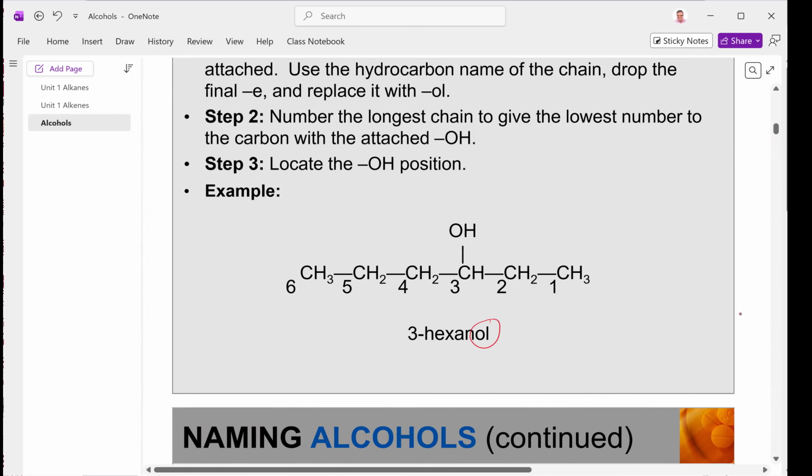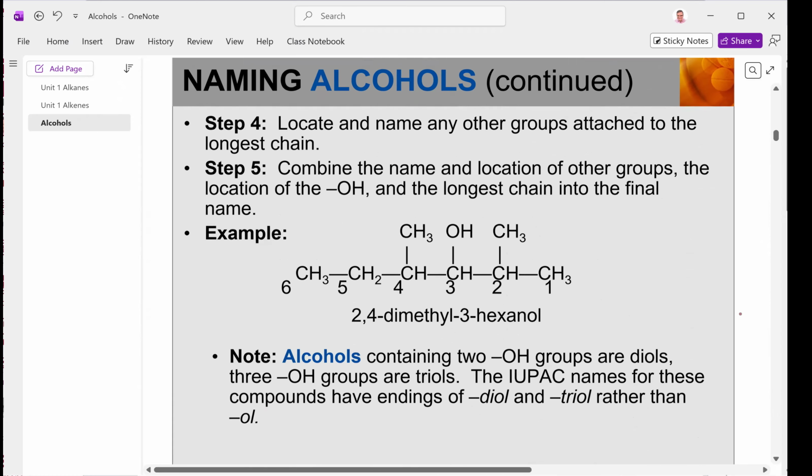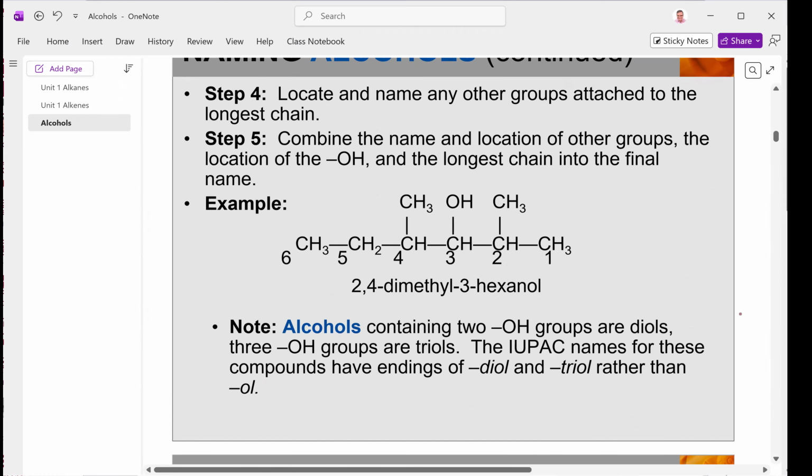That was a good question on multi-hydroxyl groups. In fact, it's covered right here.